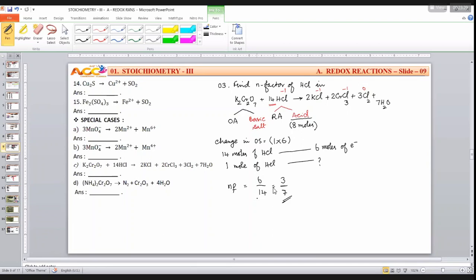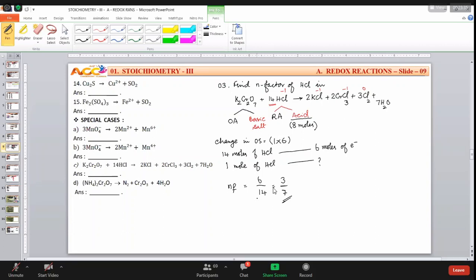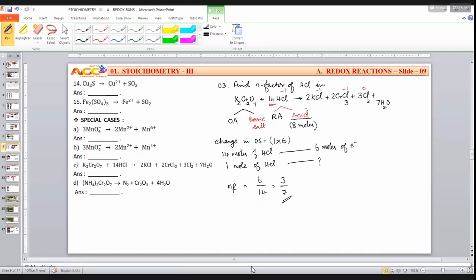Don't waste time to search papers, right? 8 moles of HCl are like this.